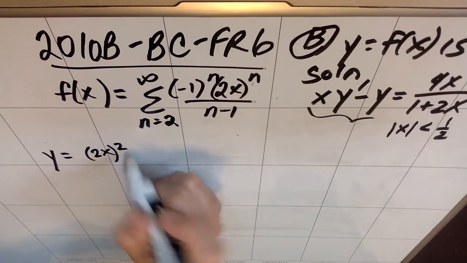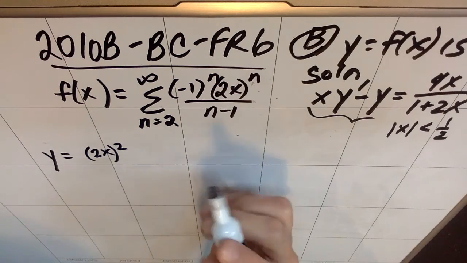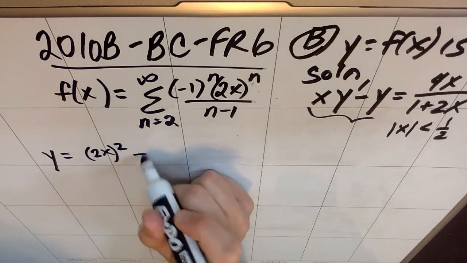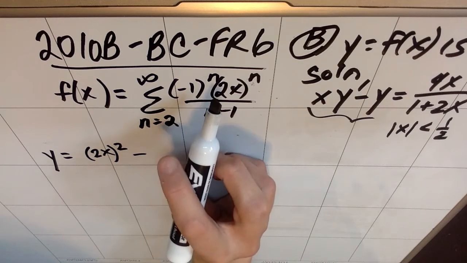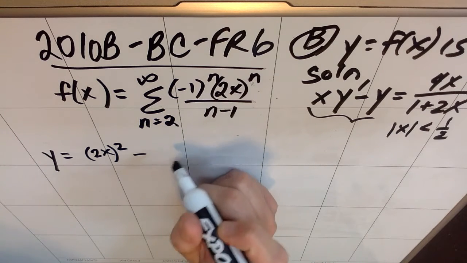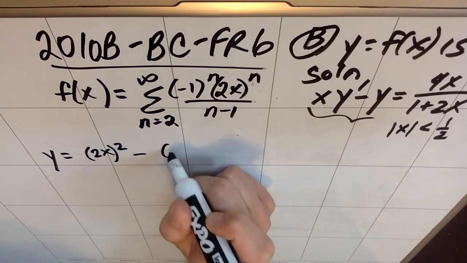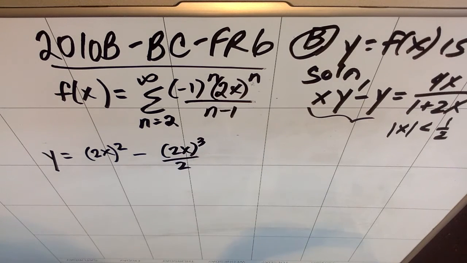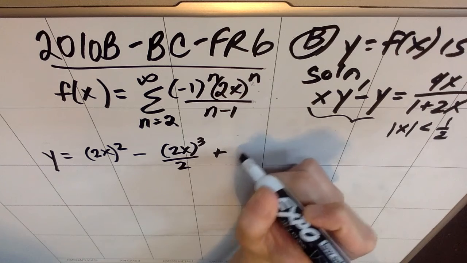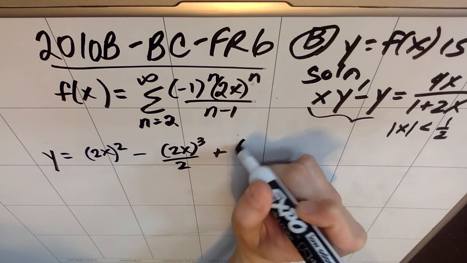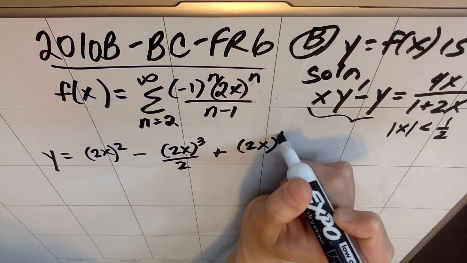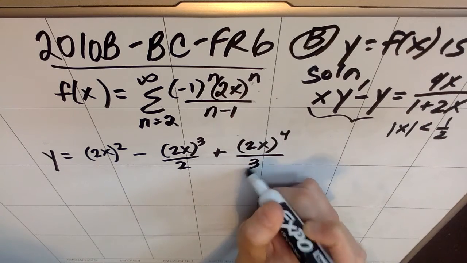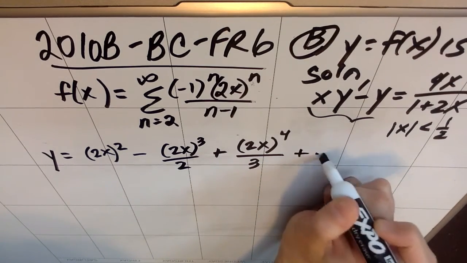When I plug in n is 3, I'm now going to get a negative 1 because of the negative 1 cubed, a 2x quantity cubed, over a 2. And then my next term would be positive again, a 2x quantity to the 4th over a 3, and so on.